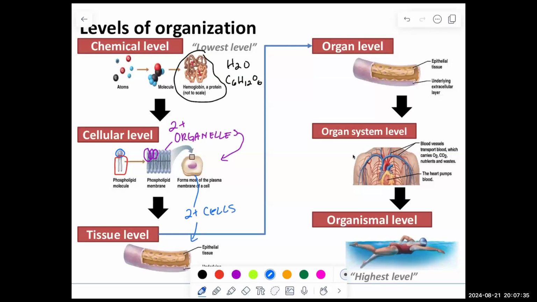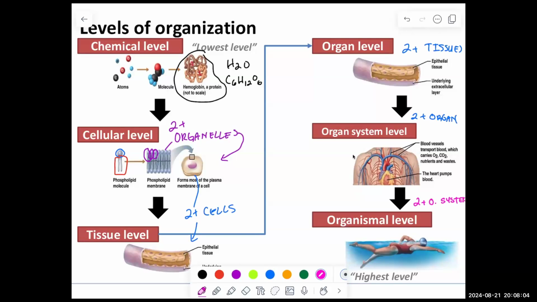2 or more tissues makes an organ. 2 or more organs makes an organ system. And 2 or more organ systems makes the individual. Please keep in mind, I'm going to put O systems for organ systems. Please keep in mind that it goes smaller than this.